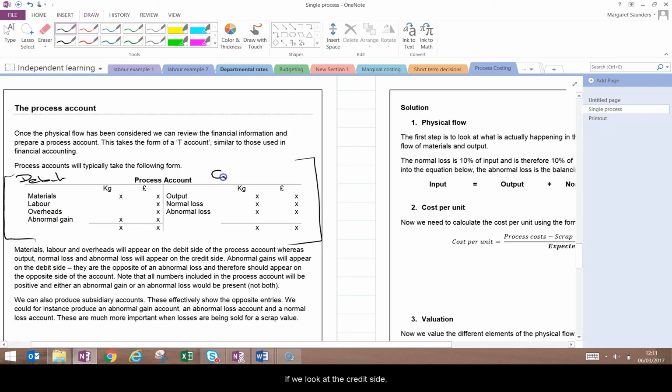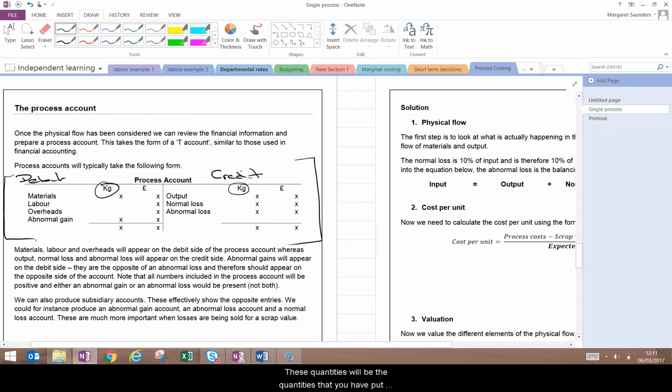If we look at the credit side, we record our output, the normal loss, and any abnormal loss. You will notice also that this process account is unusual to the T accounts you are familiar with because we have two columns. One is for the values and the other is for the quantities.